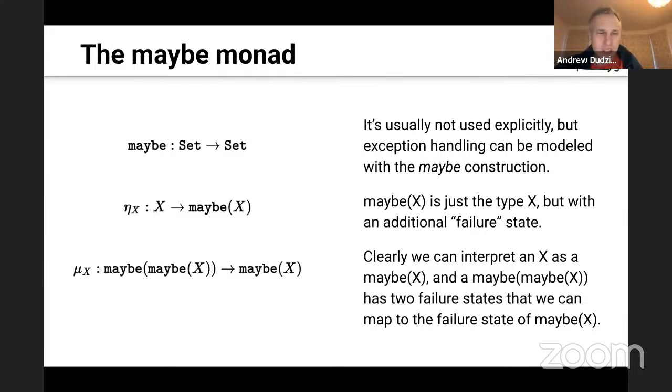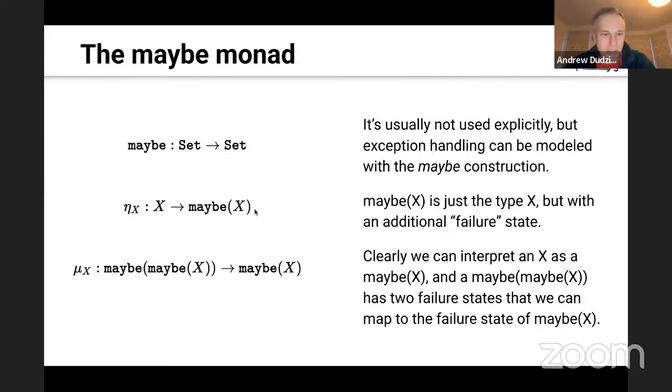Usually you don't see maybe used explicitly, but you see a lot of things like try catch, right? So the idea is whatever the program says it's returning, it might also crash. So there's one more possibility. You can think of this maybe X as being X plus 1.